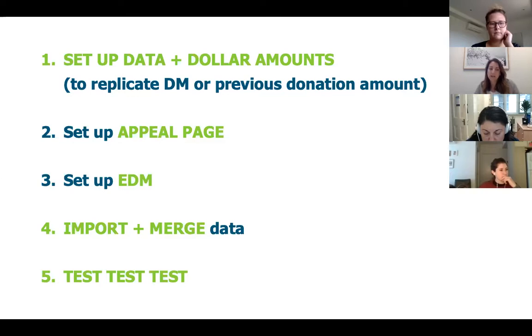Then the next phase, which is the important one, is importing and merging your data. And then the last one, which is test, and test again. So I'm just going to show you how I've set up our appeal page.